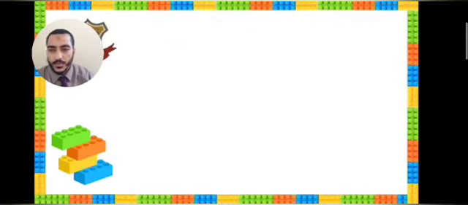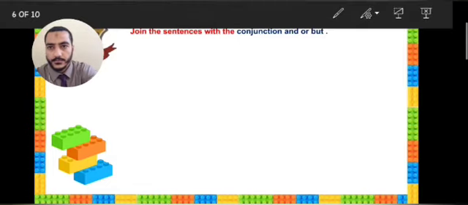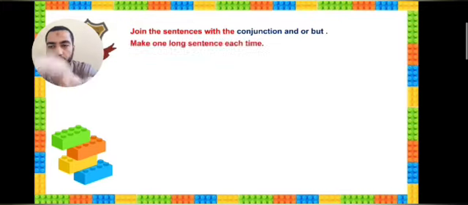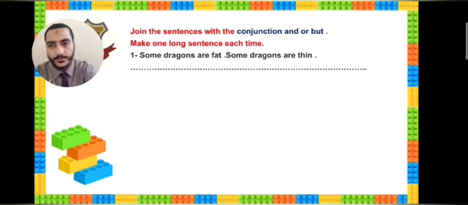Okay, let's have some more exercises about conjunctions. Join the sentences with the conjunction and or but. Make one long sentence each time. Join two small sentences and make them one long sentence. Okay? Number one, some dragons are fat, some dragons are thin.